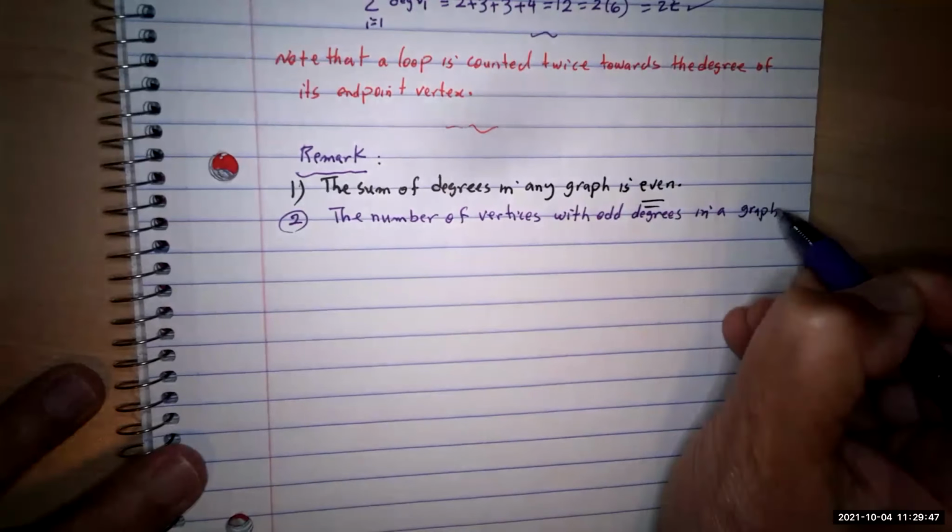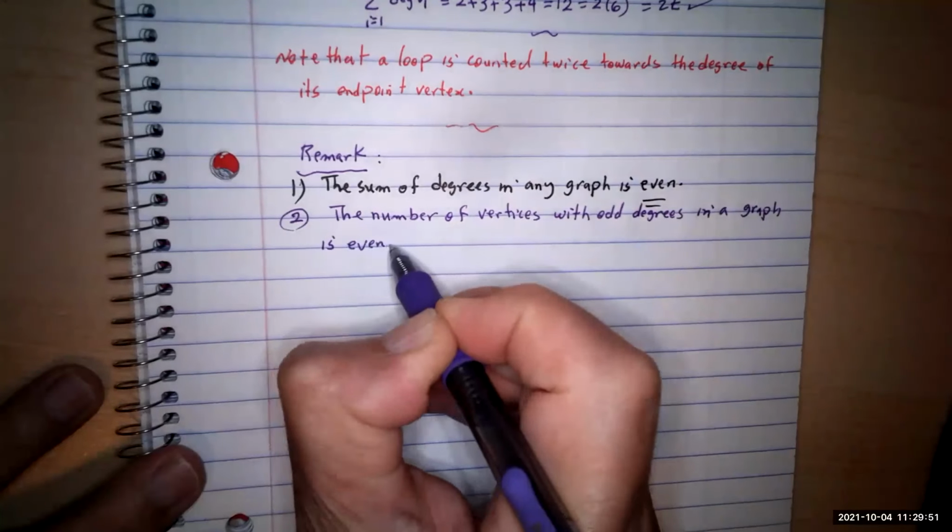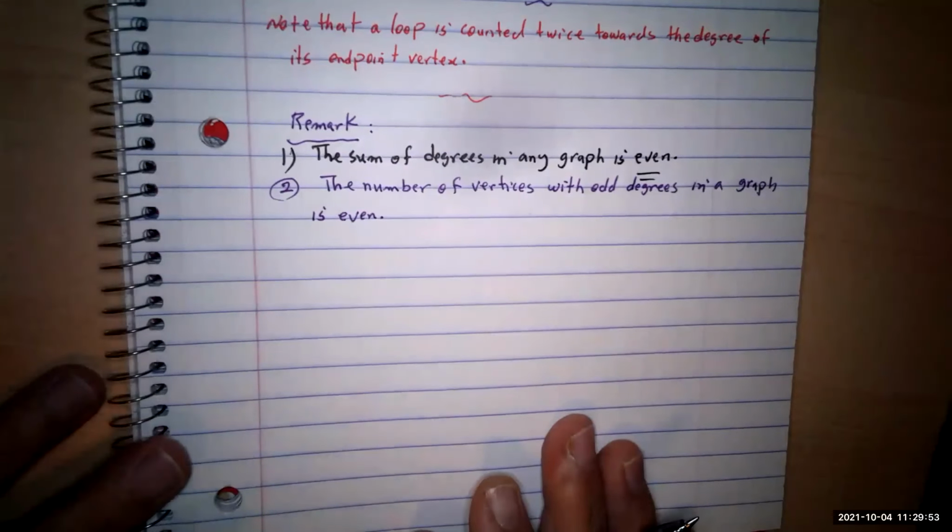The number of vertices with odd degree is an even number. So this means in a given graph, for example, you cannot have three vertices whose degrees are 5.